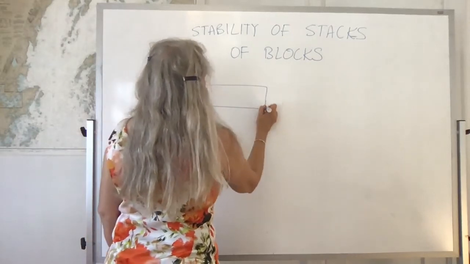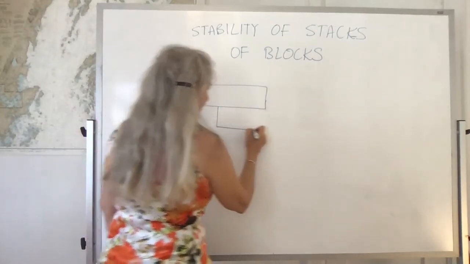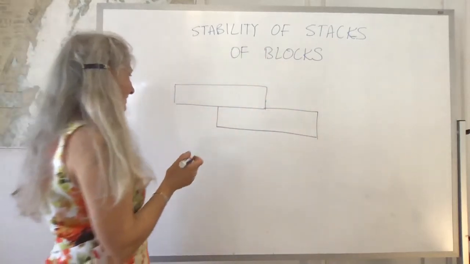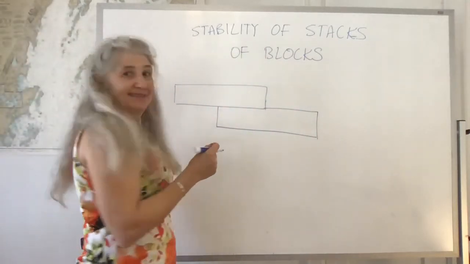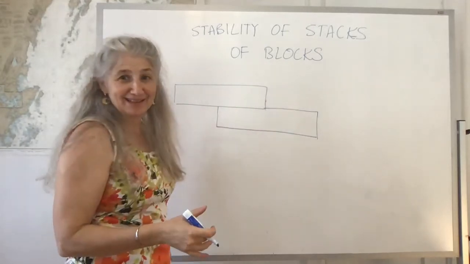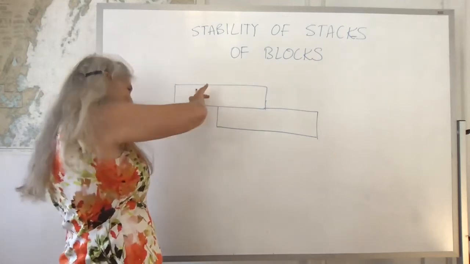Let's just do two blocks. Here are two blocks, and the question is, I can move this block on top of that block, and when is it going to fall over and start to tilt?